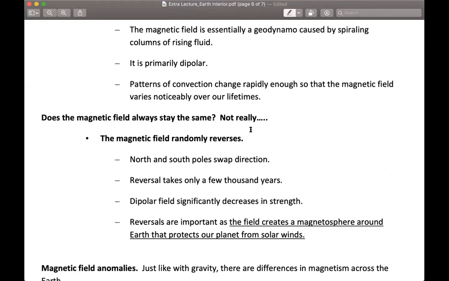Right? Do you remember the asthenosphere, the upper mantle, also has convection cells. Those convection cells cause convective forces for the plates to move. Lithospheric plates are moved by these convective cells.